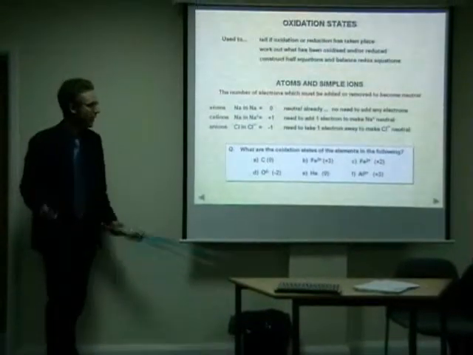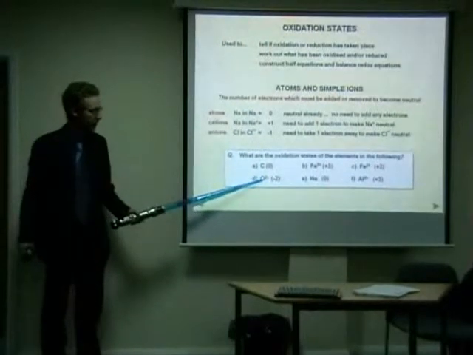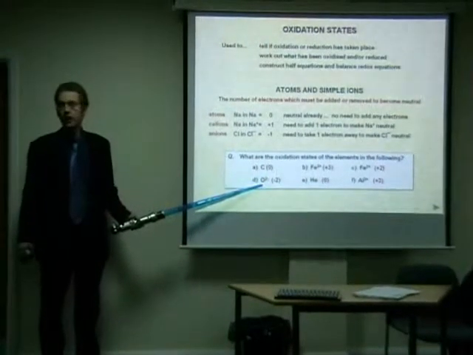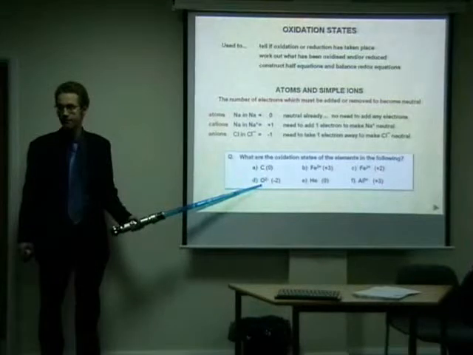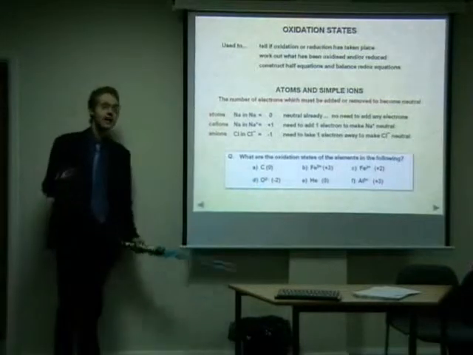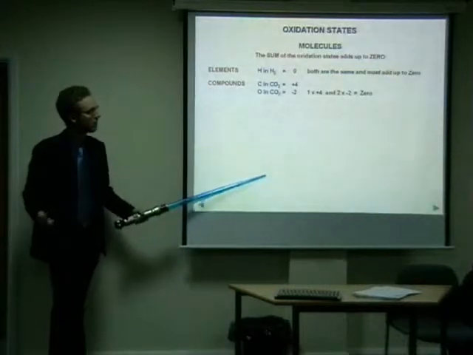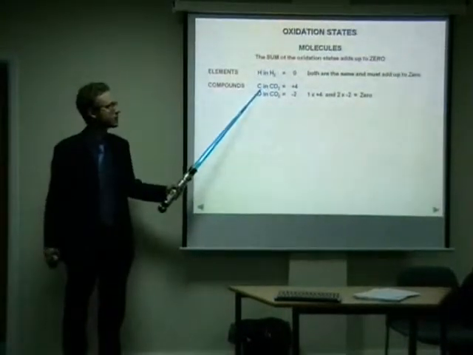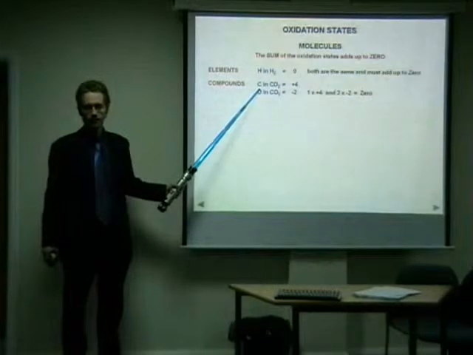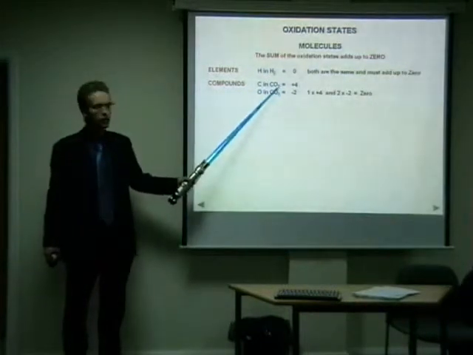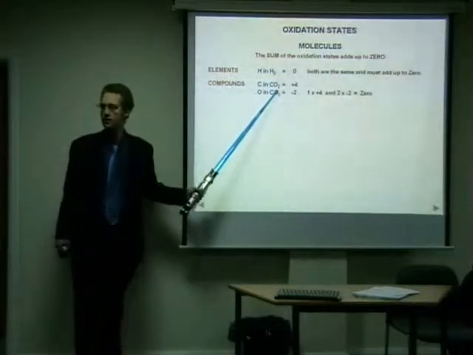If we scroll back to here, we can see that oxygen has a 2- oxidation state. You happy with that? And that is its standard oxidation state. So if it's 2-, then does it make sense that carbon's +4? If oxygen's 2- and you've got 2 of them, that's effectively -4, yes?